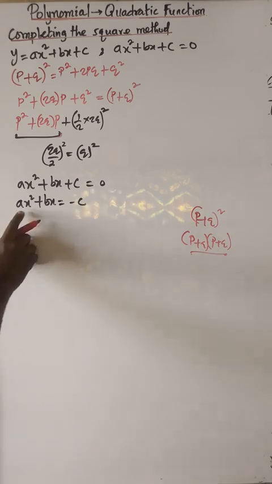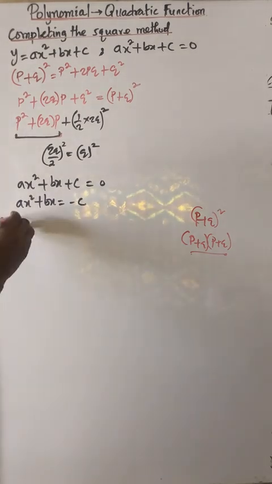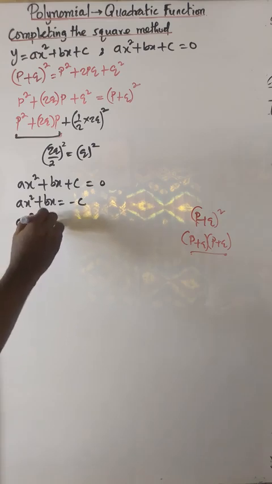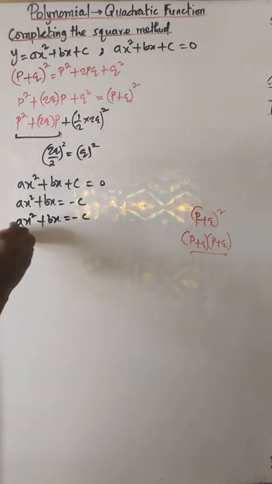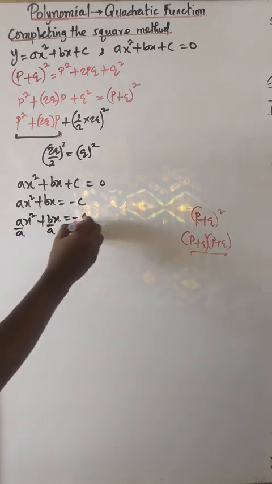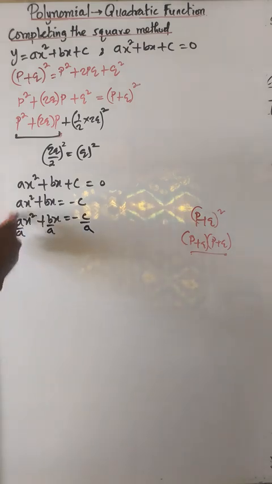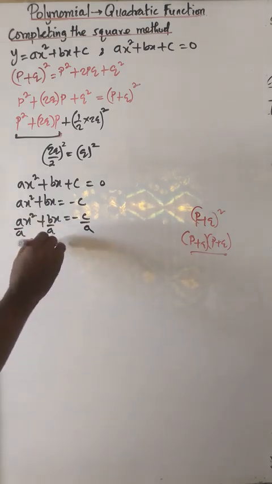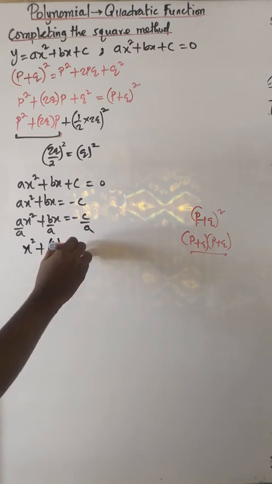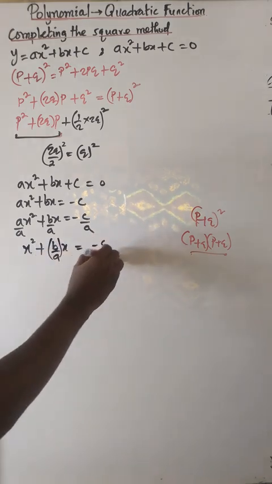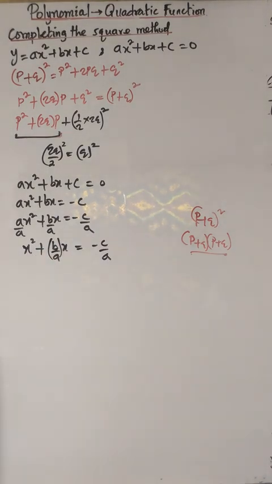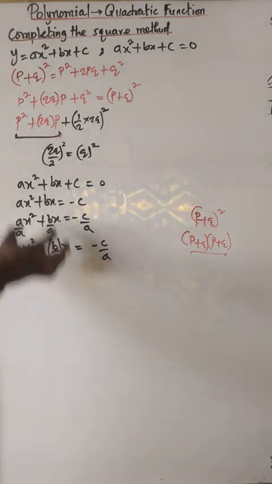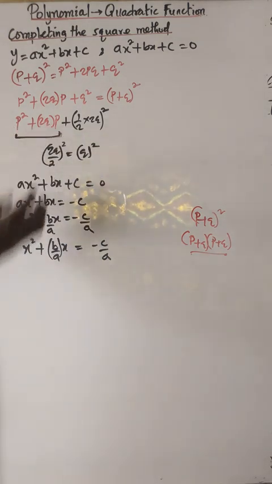We can divide through by the coefficient of x squared, which is a. We have x squared plus b over a x equals minus c over a.